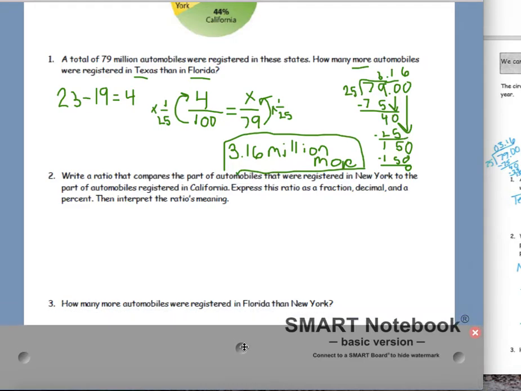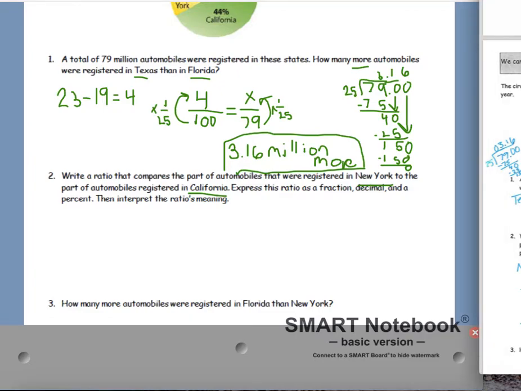All right, number 2 says write a ratio that compares the part of automobiles that were registered in New York to the part of automobiles that were registered in California. Express this ratio as a fraction, decimal, and percent, then interpret the ratio's meaning.